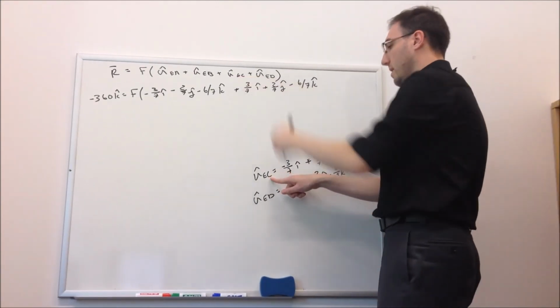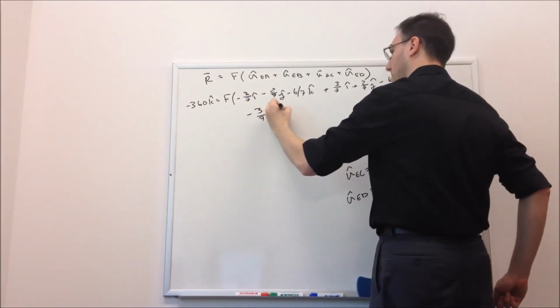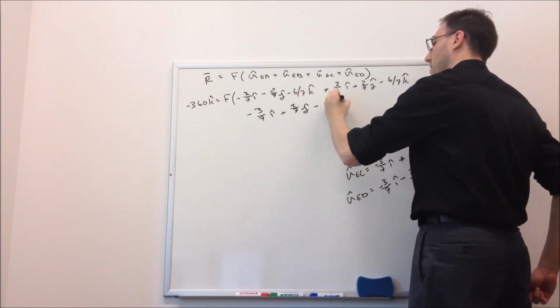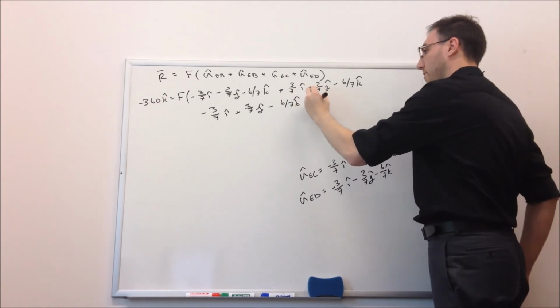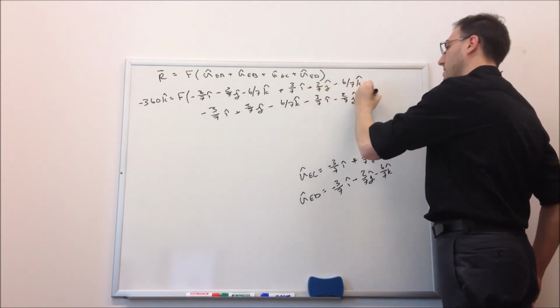Plus U hat EC is minus 3/7 i plus 2/7 j minus 6/7 k. Plus U hat ED is negative 3/7 i minus 2/7 j minus 6/7 k.